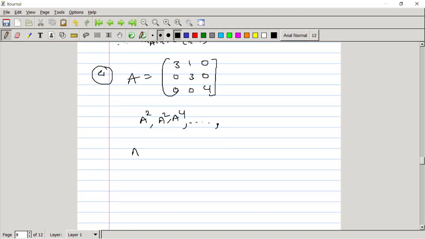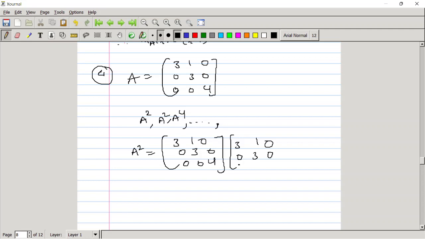So we calculate A square. This is 3, 1, 0; 0, 3, 0; 0, 0, 4 into 3, 1, 0; 0, 3, 0; 0, 0, 4. Any doubt? No, sir, it was by mistake. Okay.